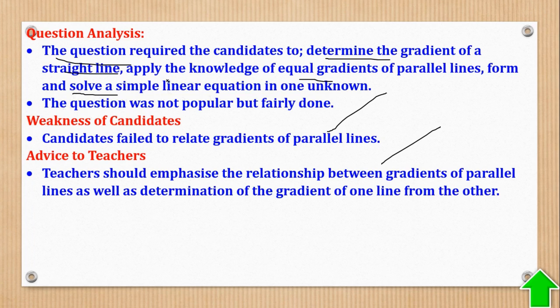So I use the knowledge of vectors, parallel vectors. Candidates fail to relate gradients of parallel lines. Like I said, that was one approach where they use gradients, but for me I use the approach of vectors. So teachers should emphasize the relationship between gradients and parallel lines, as well as determination of gradient of one line from the other.